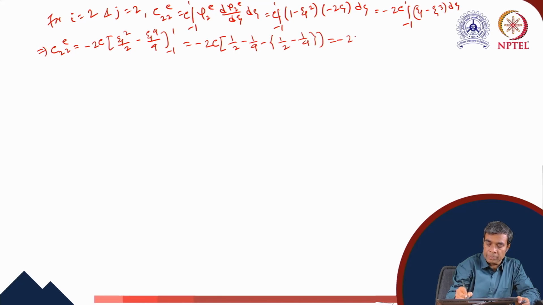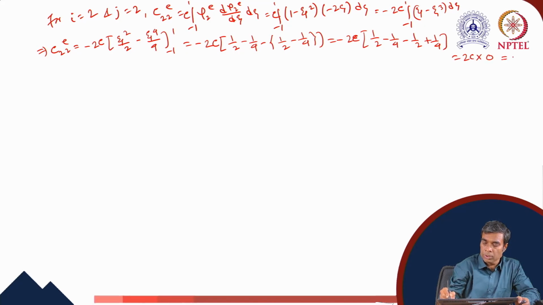This gives us minus 2c into (half minus 1/4 minus half plus 1/4), equals 2c into 0, equals 0.